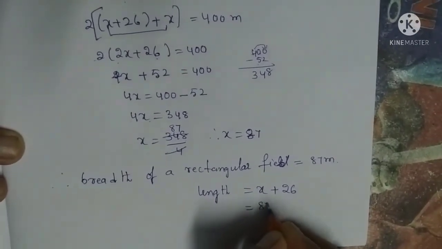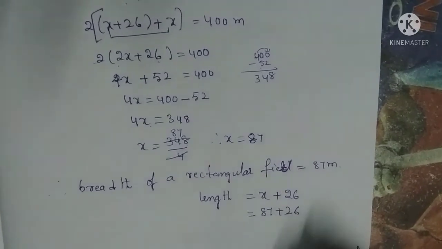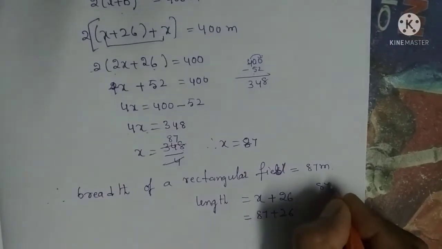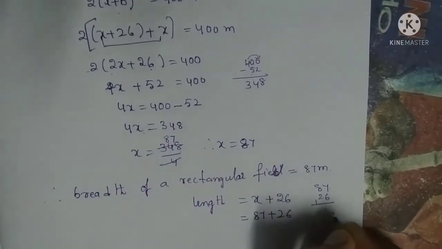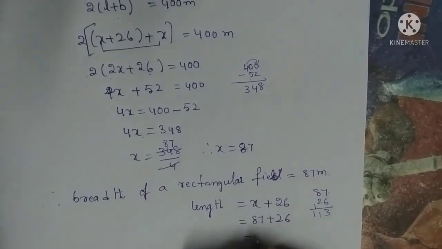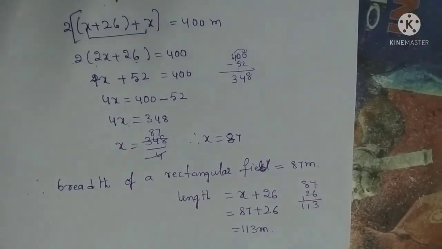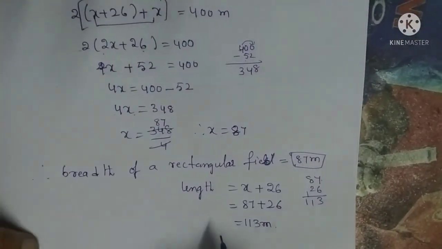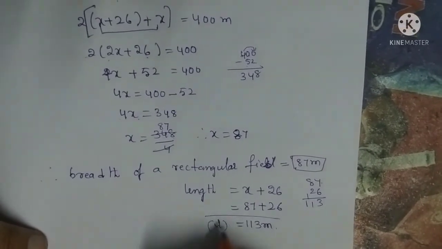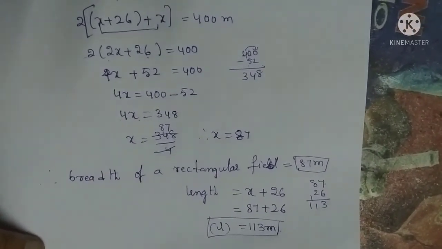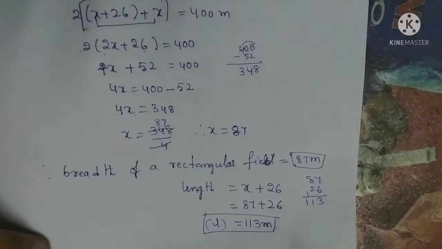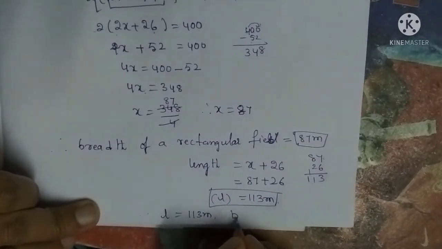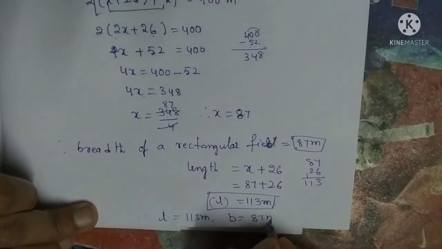What is the x? 87 plus 26, here 87 plus 26 is 113. So 113 meters. So finally, what is the length? The breadth is 87 meters and the length is 113 meters. Understand, children? Yes. Therefore, finally, length is equal to 113 meters and breadth is equal to 87 meters.